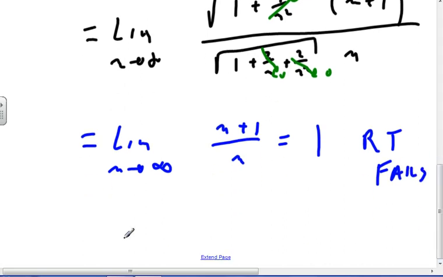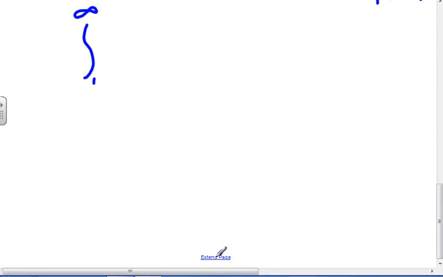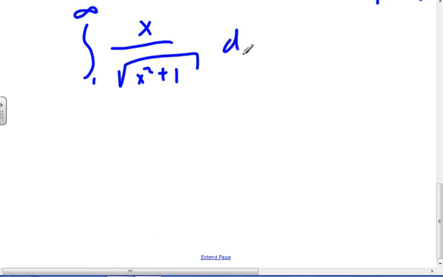Isn't that convenient? So now we're looking at the integral from 1 to infinity of, well, we'll write it right this time, of x over the square root of x squared plus 1 dx.